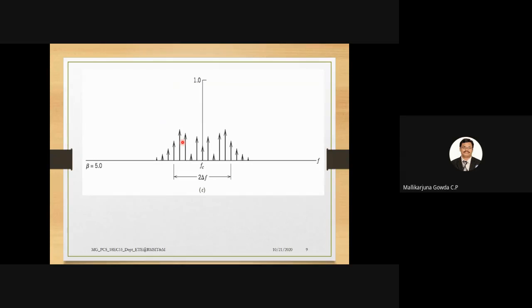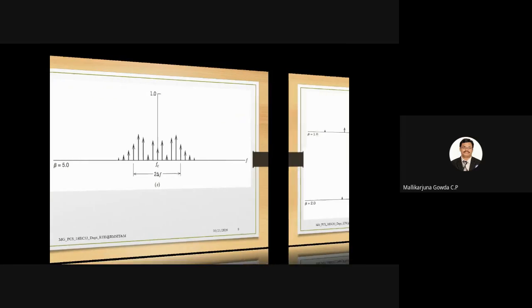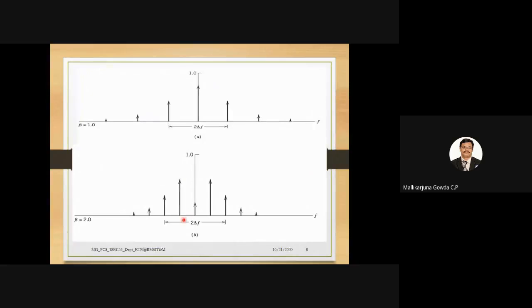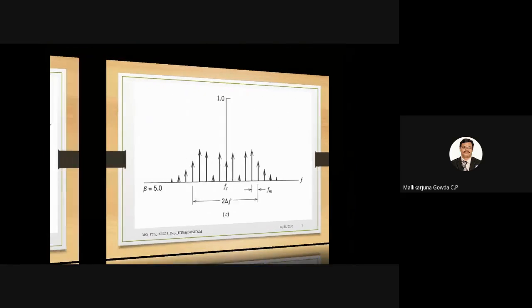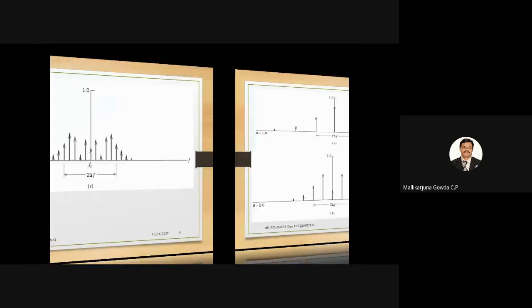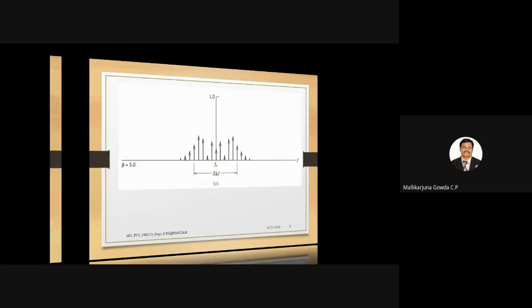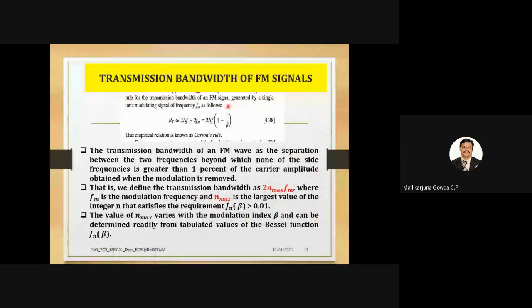See, it is 2 delta f plus 2 fm, because the magnitude of this is very small, right? You just see 2 delta f plus 2 fm, even in the previous case also. That is why I discussed this. Hope you noted this formula. It's a very important relation.